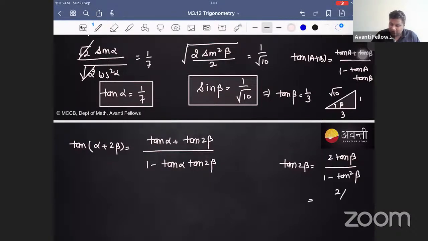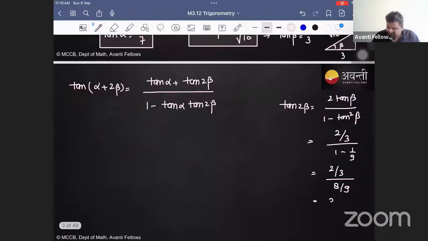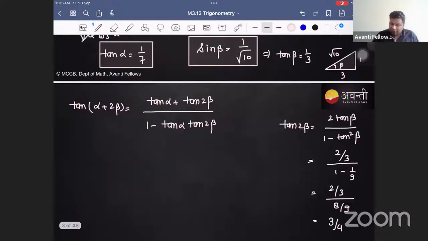That is 2 by 3 upon 1 minus 1 by 9. So it is 2 by 3 divided by 8 by 9. So it will become 3 upon 4. Fair enough? Now you have tan alpha as 1 by 7, tan 2 beta as 3 by 4.